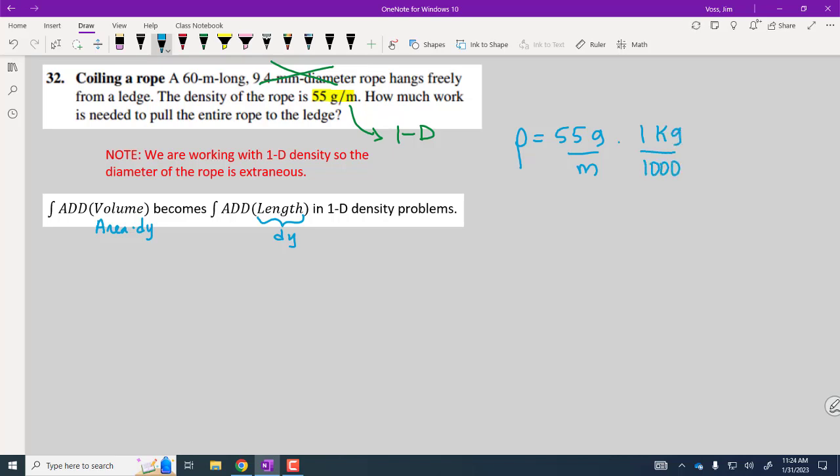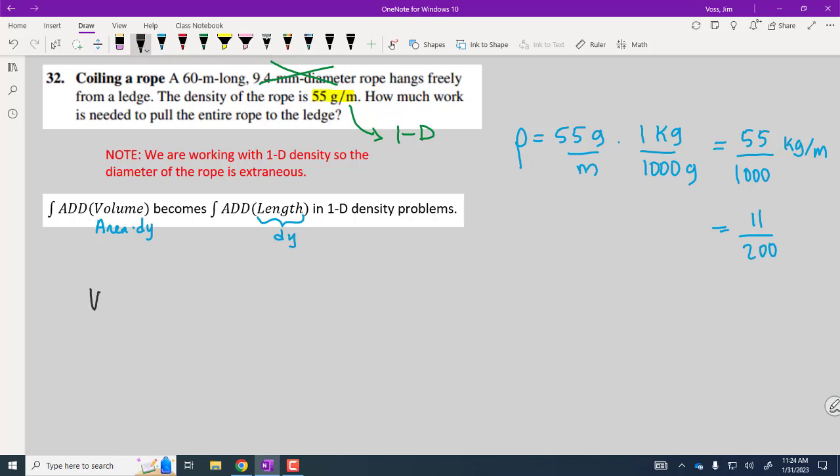So we're going to just do this conversion. We're going to have 55 over 1,000, and this will then be kilograms per meter. And 5 goes into there 11 times, into there 200 times. So that's going to be our density. That's the density of the rope, uniform density.